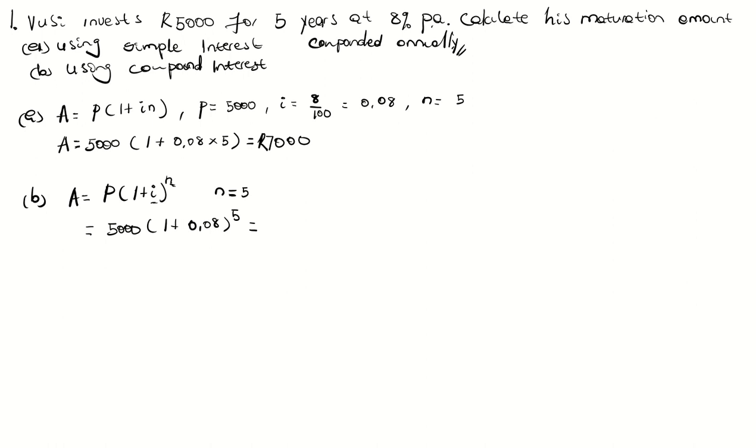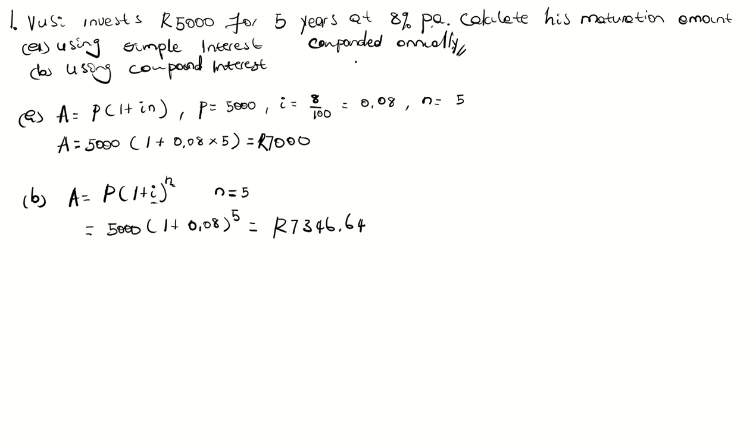And we find that in the case of compound interest, the amount that Vusi ends up with is 7,346.64. So you can see that the two methods yield different results, okay?